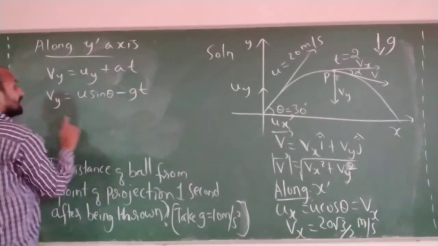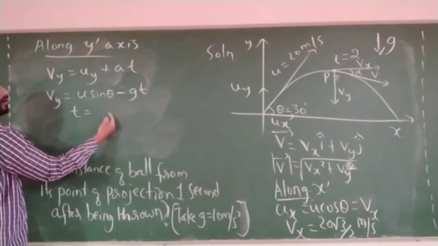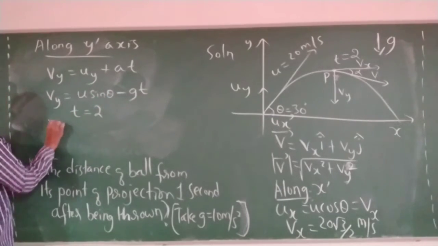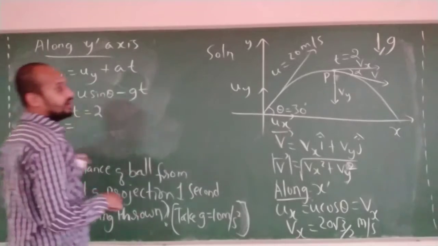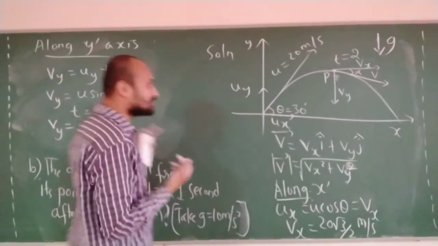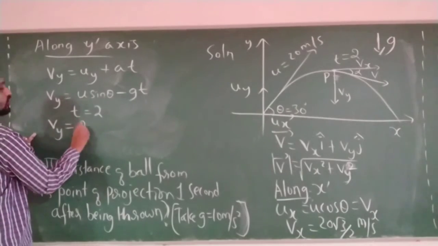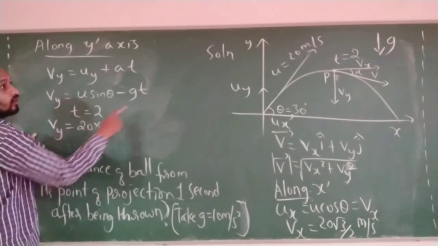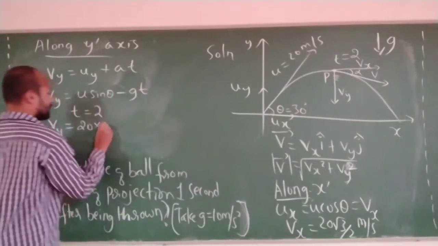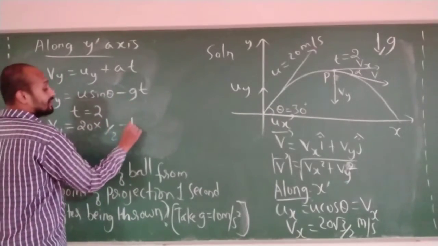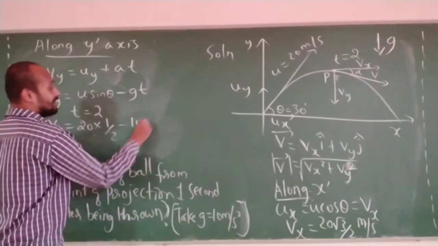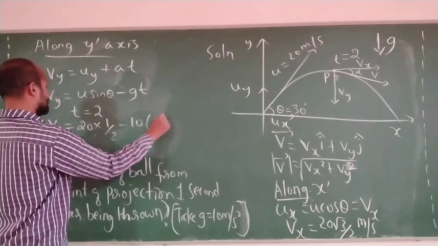Minus g, in this case t is equal to how much? 2 seconds. So vy, which is downward, I must get in negative direction, 100%. See, u sin theta, 20 into sin 30. What is the value of sin 30? 1 by 2, minus 10 into t, that is 20.